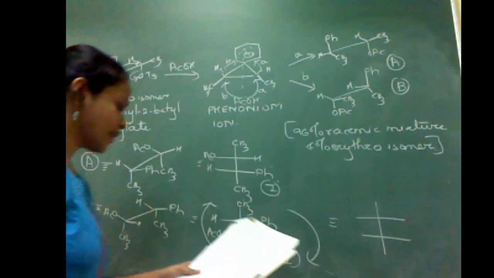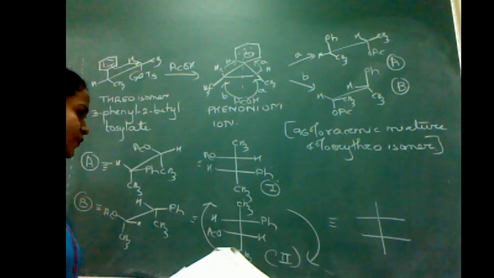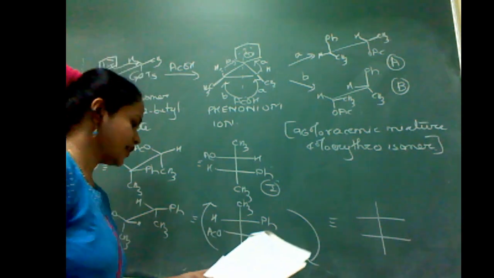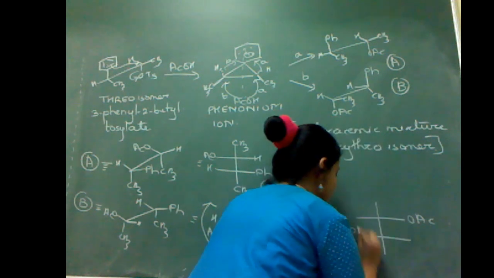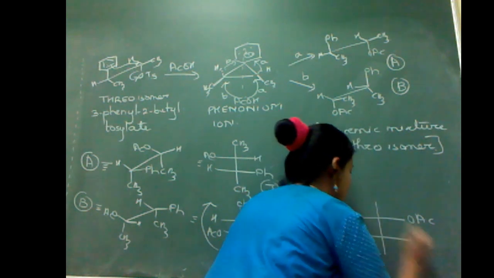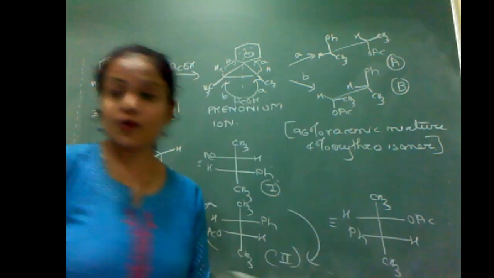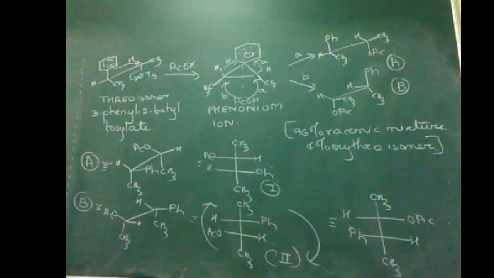After the in-plane rotation at an angle of 180 degrees, the OAc group comes like this, the phenyl group like this, hydrogen like this, and the methyl group like this. How can you explain the in-plane rotation by 180 degrees?